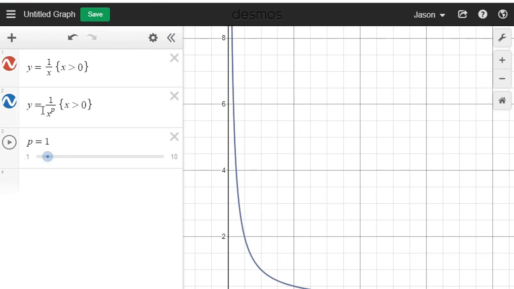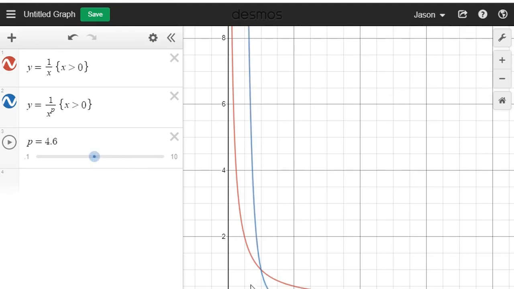Really quickly, we will take a look at what happens with the function 1 over x and then the function 1 over x to the p. So notice as you have 1 over x to the p and p gets larger, everything after 1, the area under the curve between that and the x-axis would definitely be smaller than 1 over x.